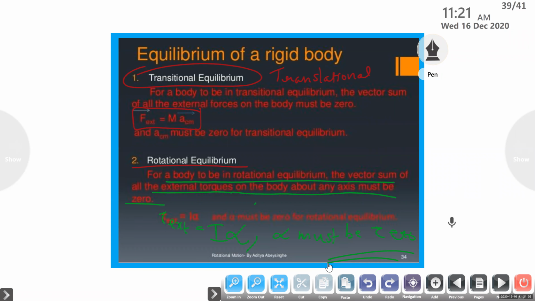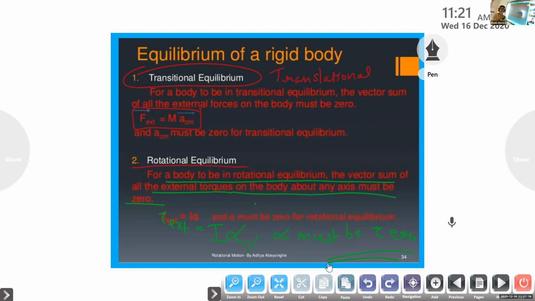So 0 doesn't mean that the value is 0. Actually, the meaning is that there should not be change. Suppose a fan is rotating at around 50 radian per second.